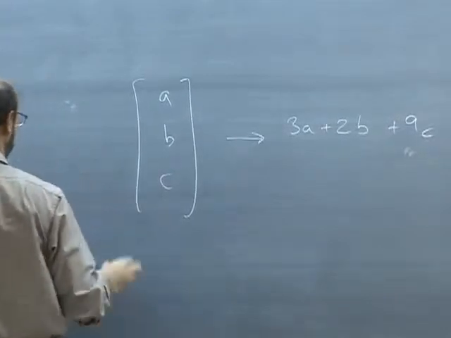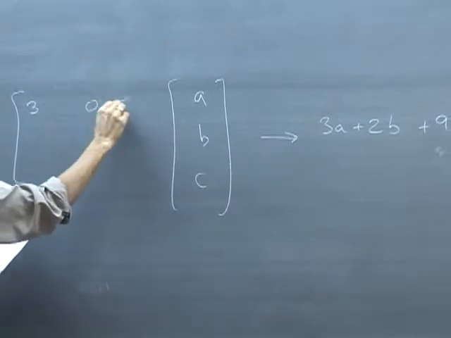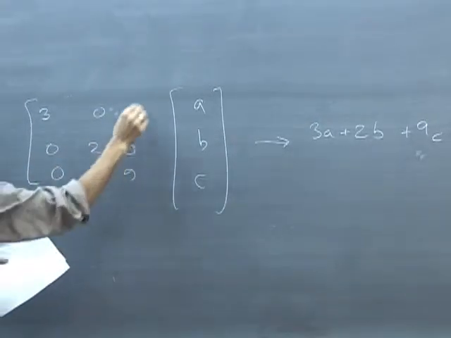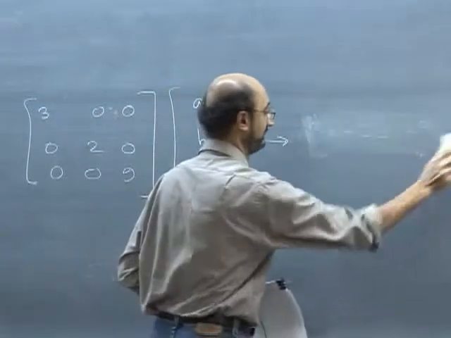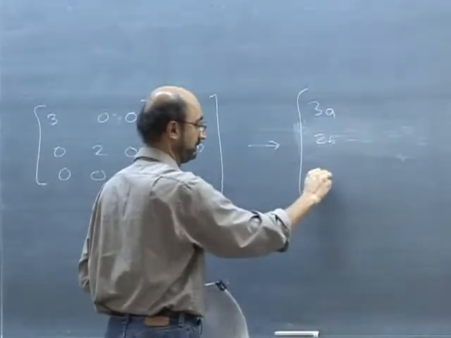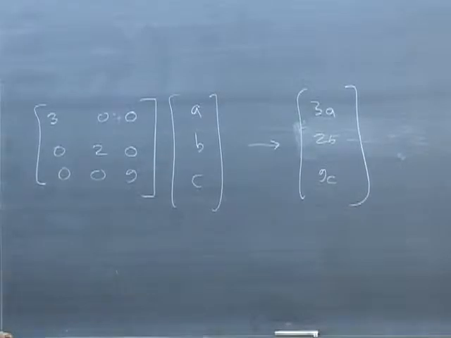So if you use this matrix, 3, 0, 0, 0, 2, 0, 0, 0, 9, sorry, it's not plus. 3A, 2B, 9C. We see that we get the effect that we want.